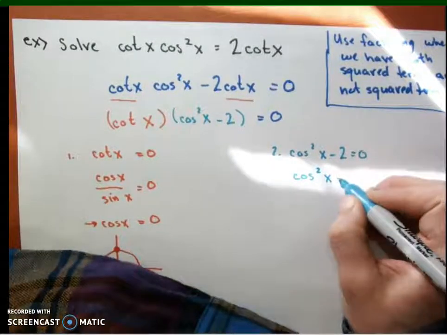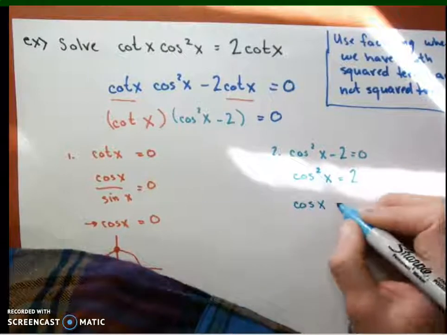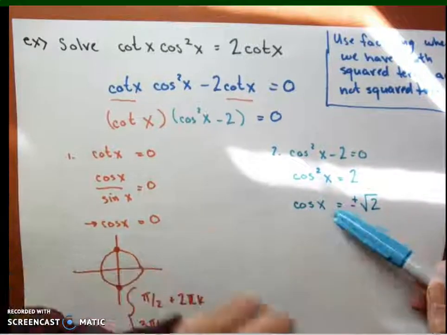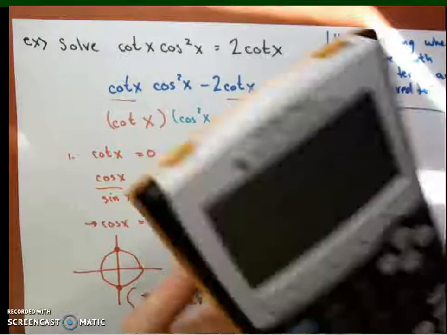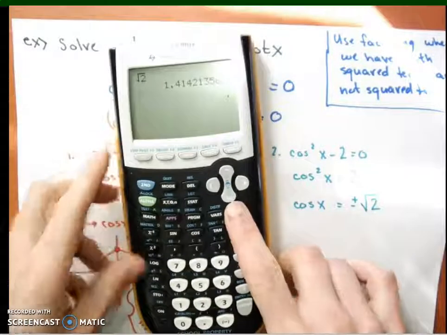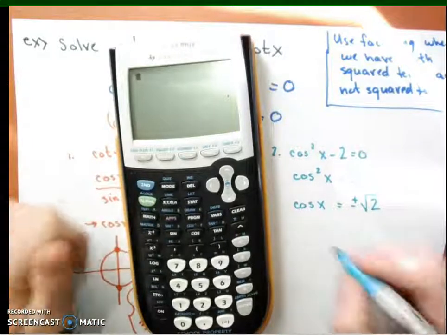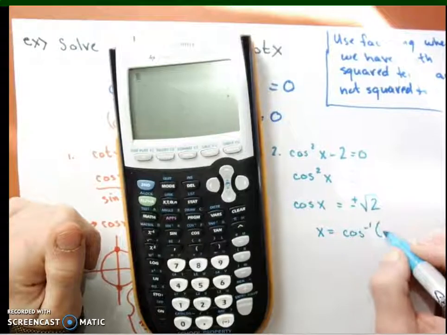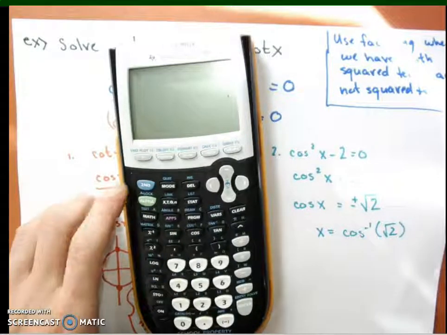So I have cosine squared equals 2, which means that cosine x equals plus or minus the square root of 2. Now, this does not come from any special triangle, so I might use my calculator to solve it. So I need to find x, which is going to be the inverse cosine of square root of 2 to give me my solution in quadrant 1.